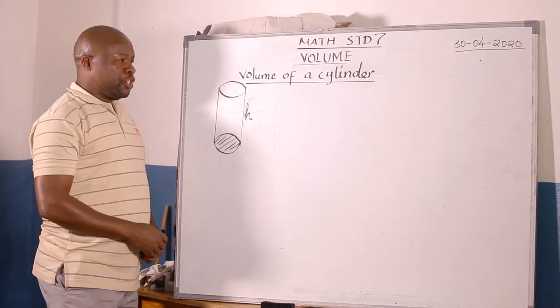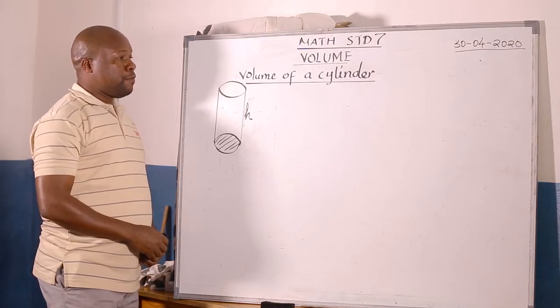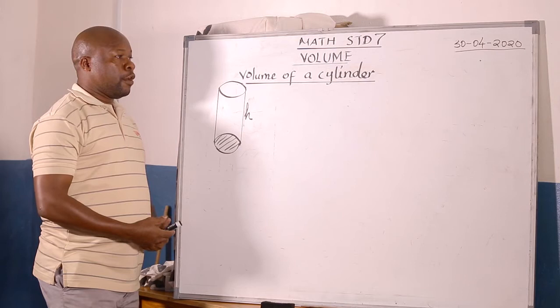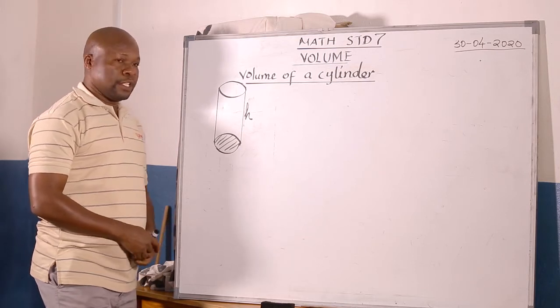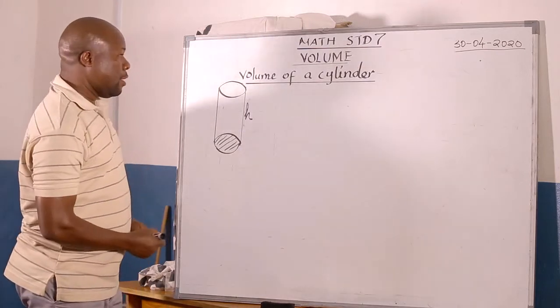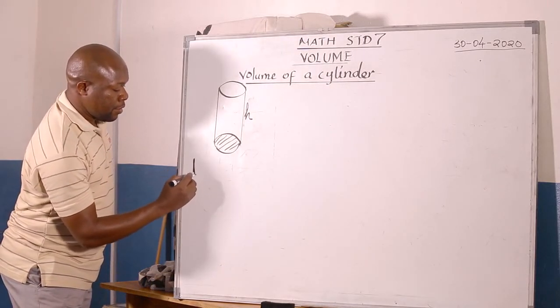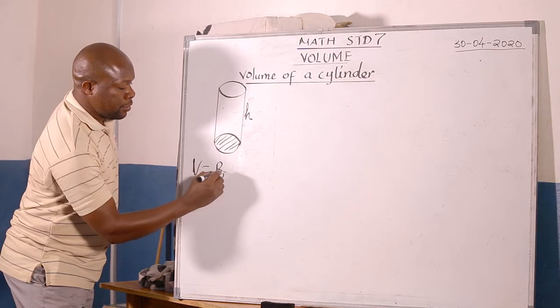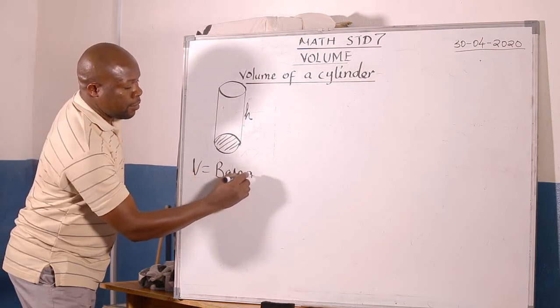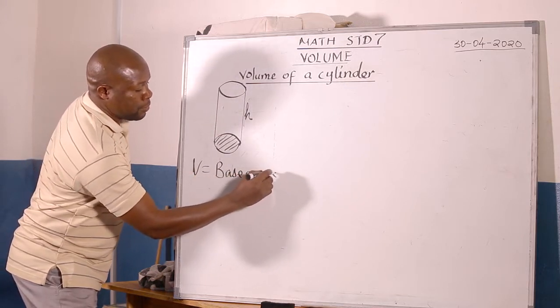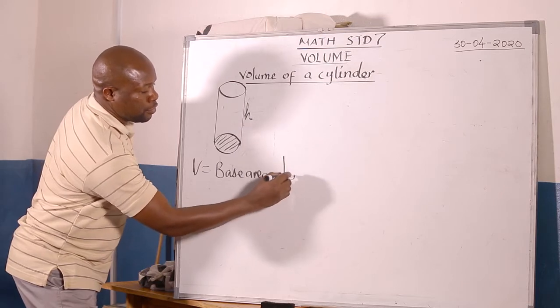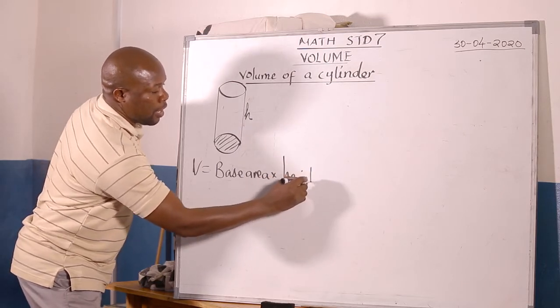Now, generally, how do we find the volume of a cylinder? The volume of a cylinder is taken by the formula base area times the cross-sectional height.